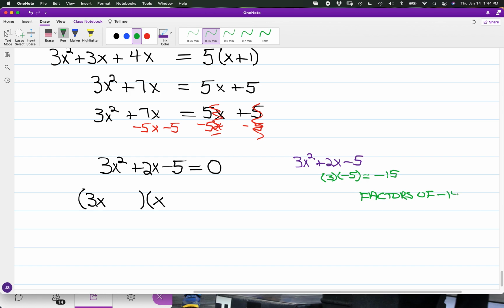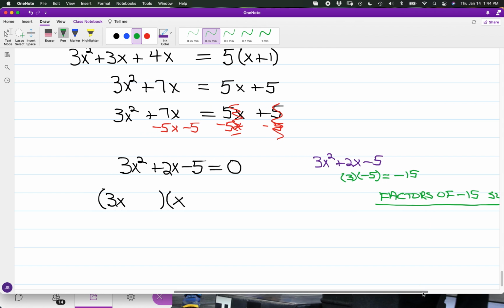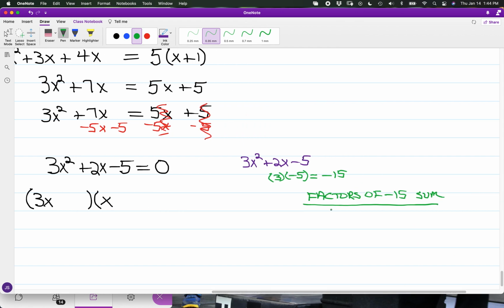Now looking for factors of negative 15 whose sum will be positive 2, right now I had 3 and negative 5. Now 3 and negative 5 will combine to negative 2. However, if I change the signs, so I have negative 3 times 5, that will be a positive 2.